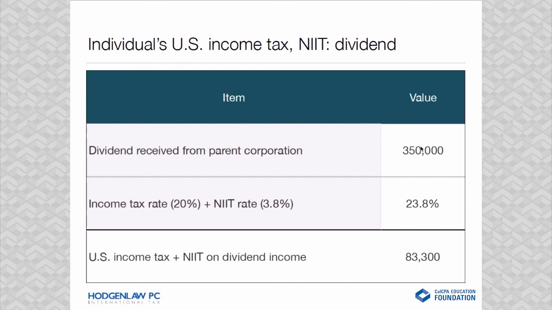Therefore, it's going to be taxed at the lower rate, the long-term capital gain tax rate, 20% by assumption, plus net investment income tax. So 23.8%, total tax $83,300. And remember from a couple slides back, the foreign country is allowing an offset to this foreign tax credit in the other country. So net to the taxpayer's wallet is a tax liability of zero to the United States.